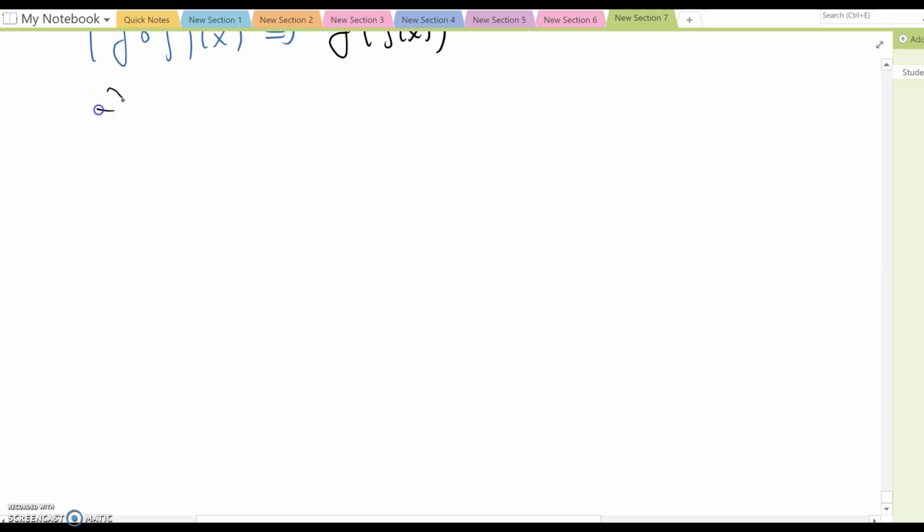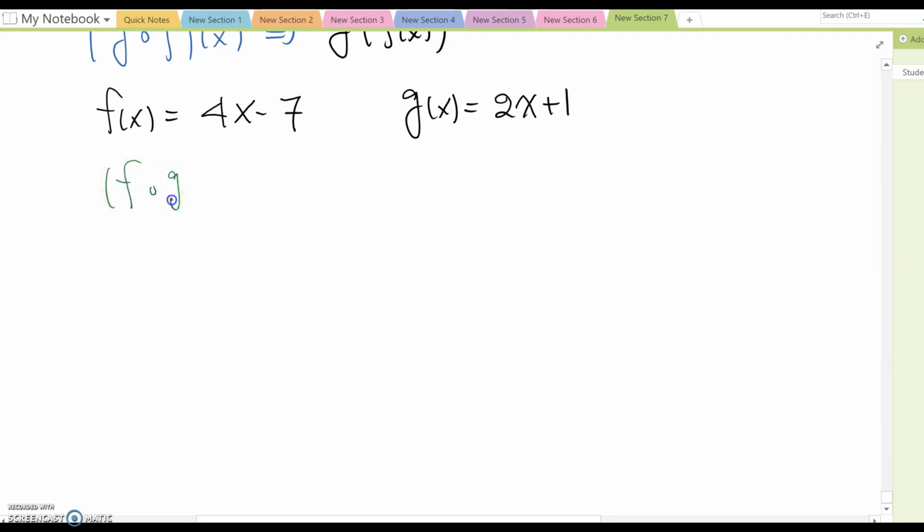Given f(x) equal to 4x minus 7 and g(x) equal to 2x plus 1, we want to find f open dot g(x) and also g open dot f(x).